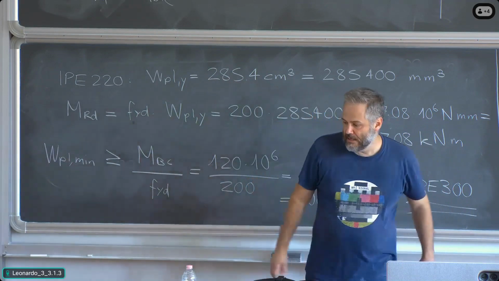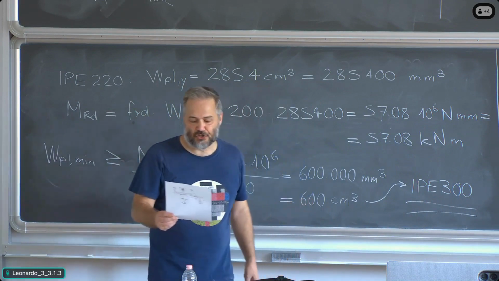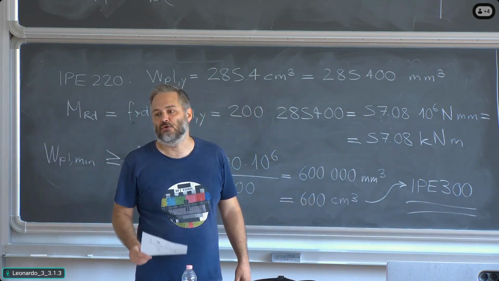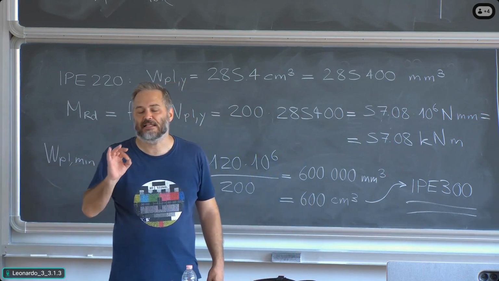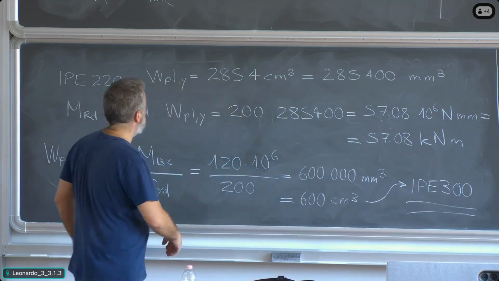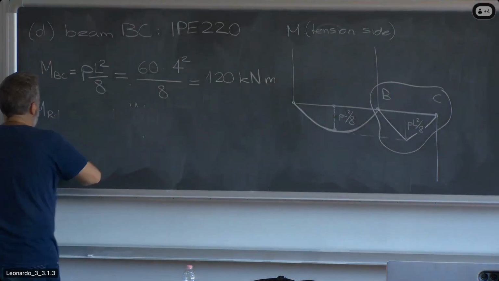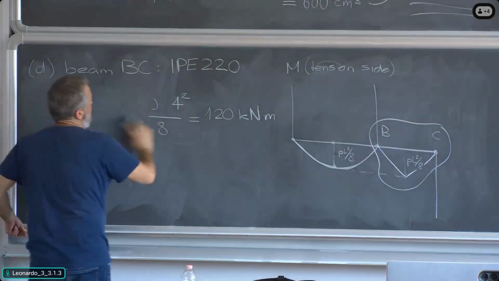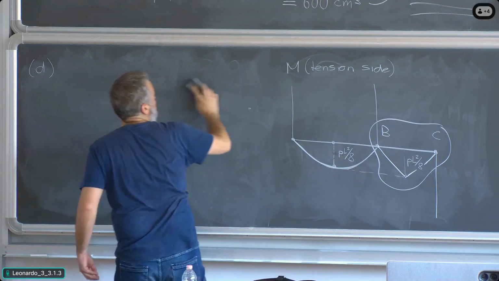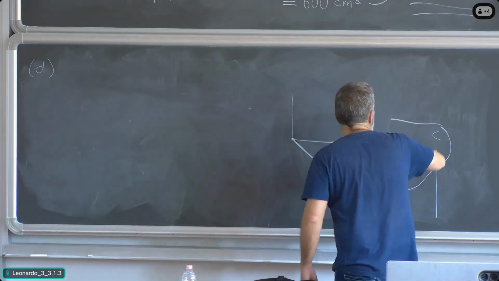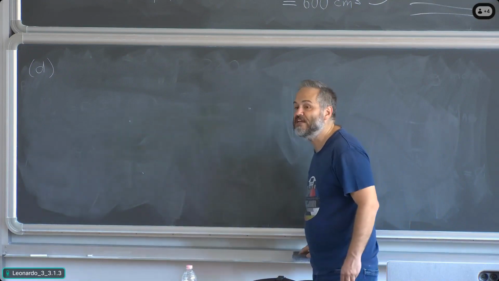Now, last but one assignment, design the section of tie AD at ULS, okay? Tie AD at ULS. Go back in your notes, take back the part concerning the structural analysis, and the first thing we did, which was determining VD.